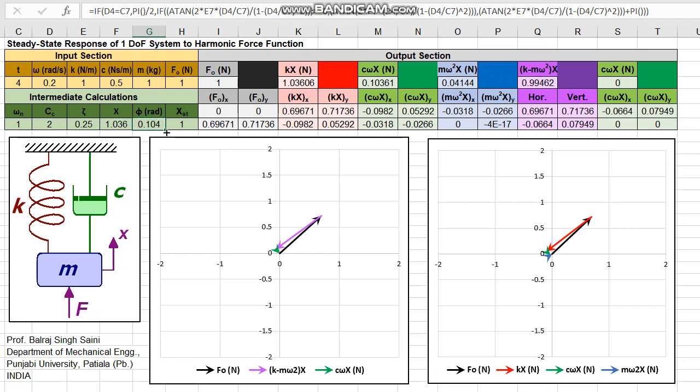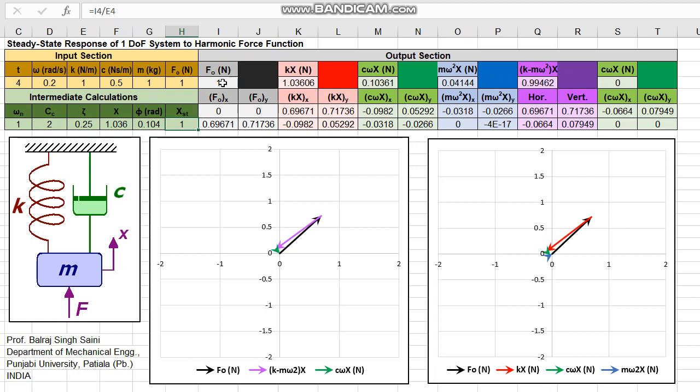At times when both the numerator and the denominator in the tan inverse function are negative, this angle phi value, the tan inverse, gives a misleading value. In that case we have to add 180 degrees or pi in this case. So you can note down this expression and then make it accordingly. And this xst represents the zero frequency deflection. That is nothing but F naught divided by the stiffness k.